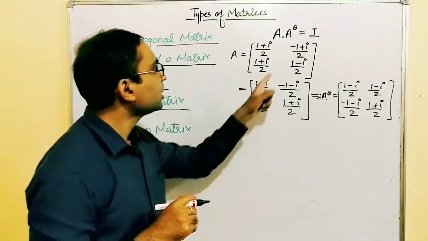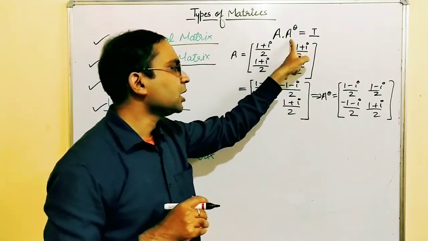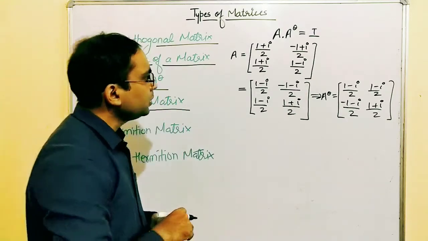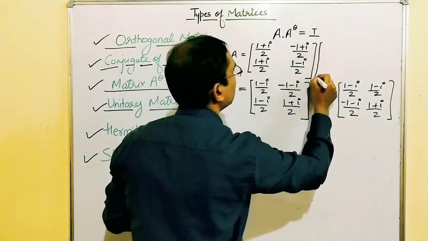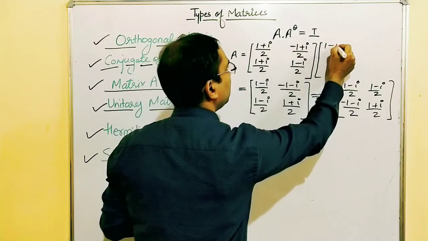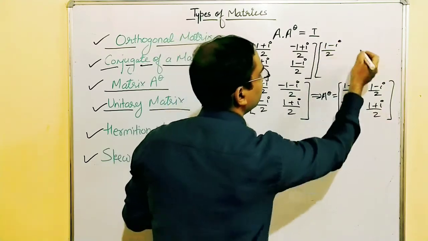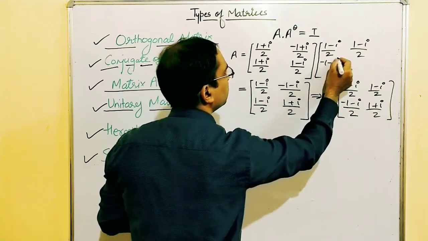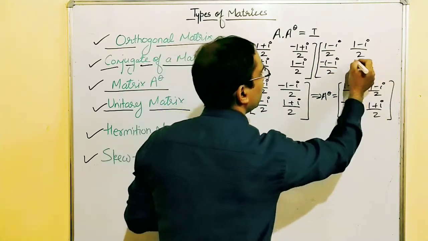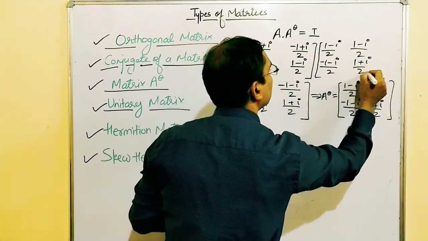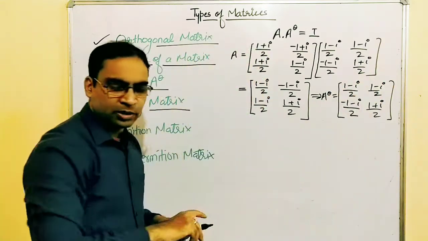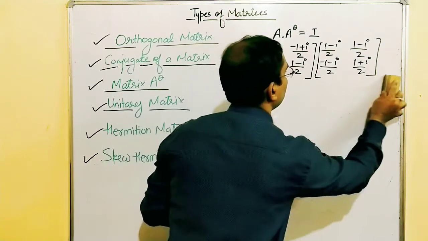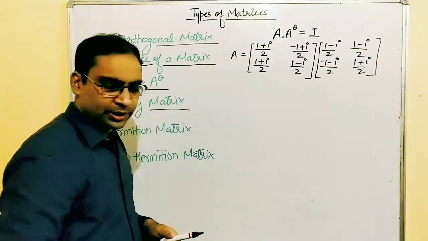Now we need to multiply these two, A and A theta, to obtain the new product matrix. Let me write it here. I'm writing A theta above the A so that it will be easy for me to get the product. Let me perform the product of these two matrices using the product rule of the matrix.